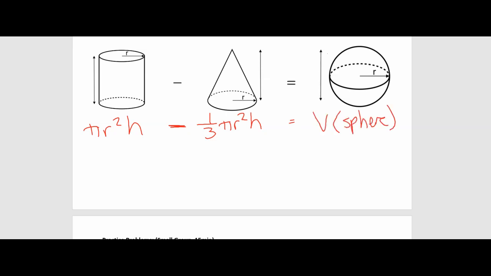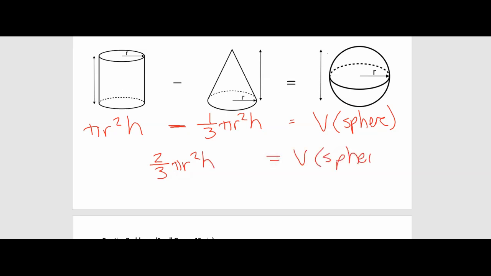Now, I'm just going to simplify what I have on the left-hand side, and then that will give me the volume of a sphere. If I have pi r squared times h minus 1/3 pi r squared times h, well, that would give me 2/3 pi r squared times h is equal to the volume of a sphere.